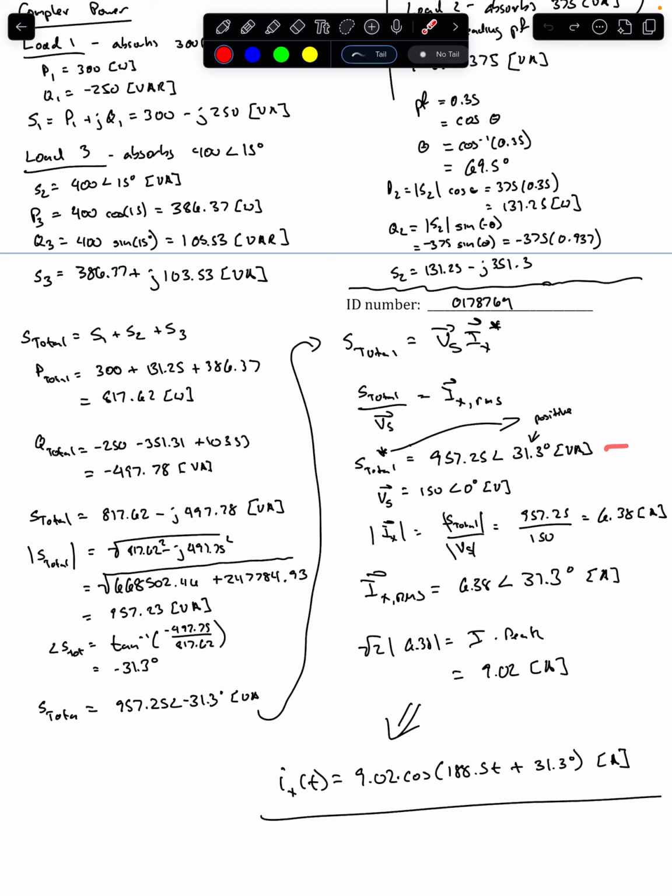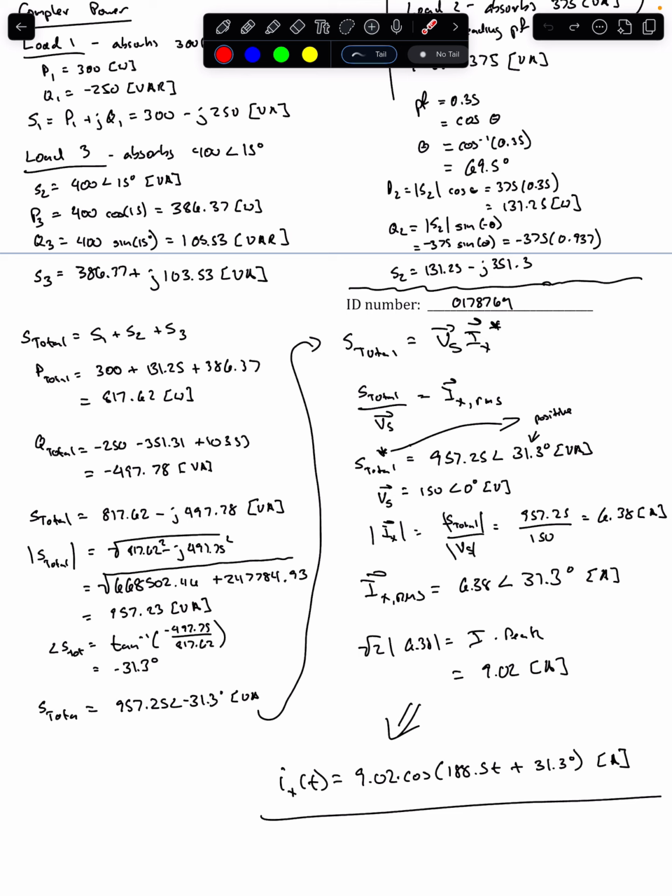We've got S total, and VS was given. So to find Is, we just divide the absolute value of S total by VS. That gives us the amperage. So the current Is RMS is now this.